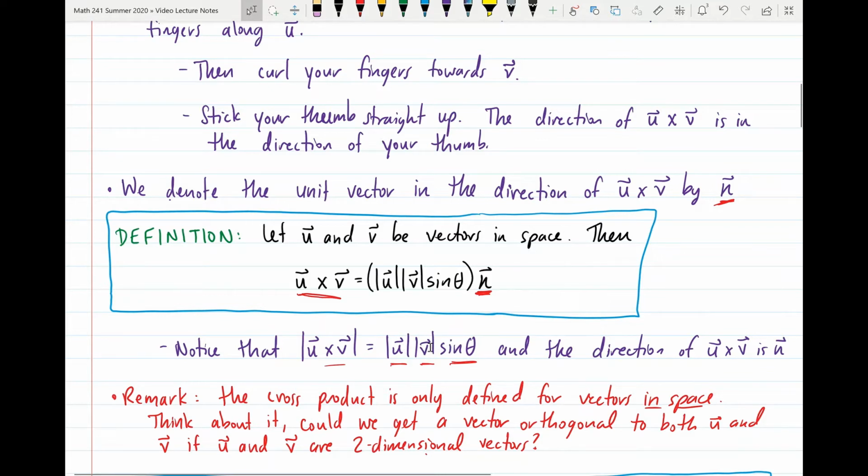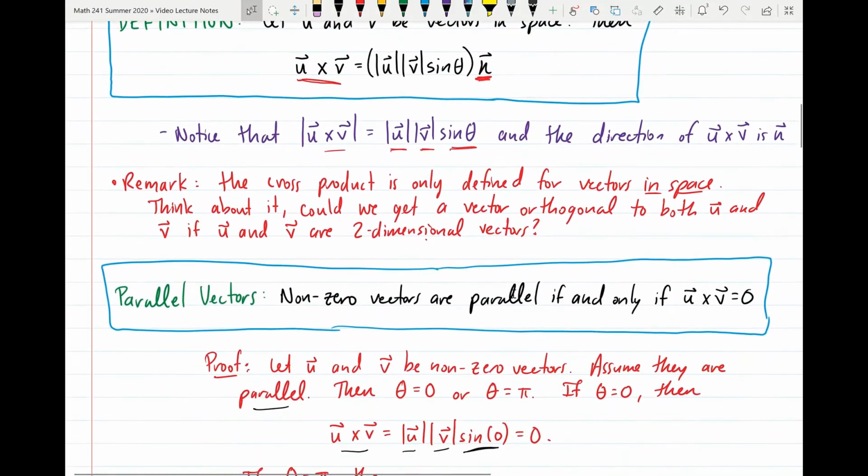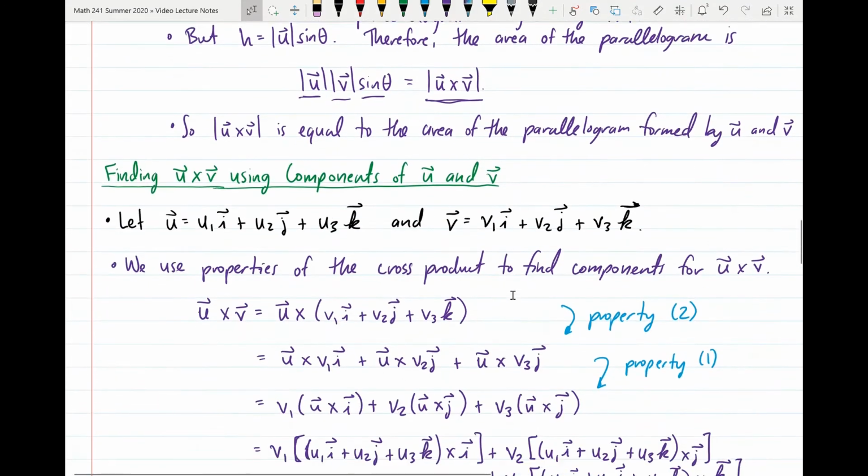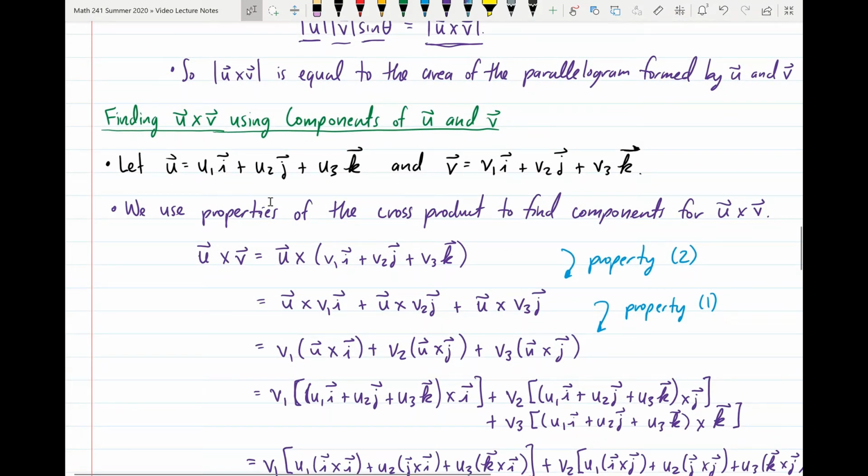All of those things are relatively easy to find, especially if we're given vectors in component form. But this vector n, the normal vector, can be somewhat difficult to find if you're just given arbitrary vectors in component form. So we want to figure out a nicer way to calculate what the cross product is going to be when we're given vectors in component form.